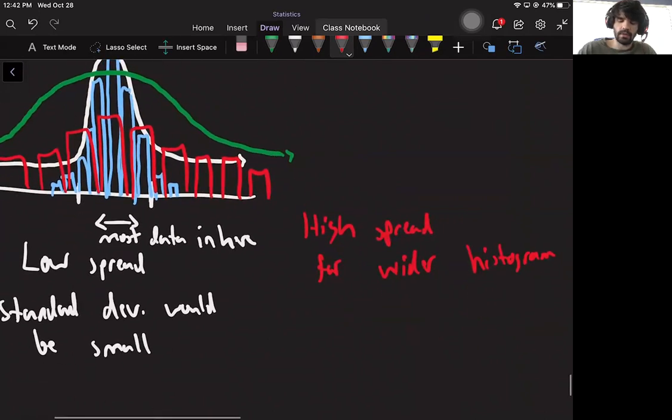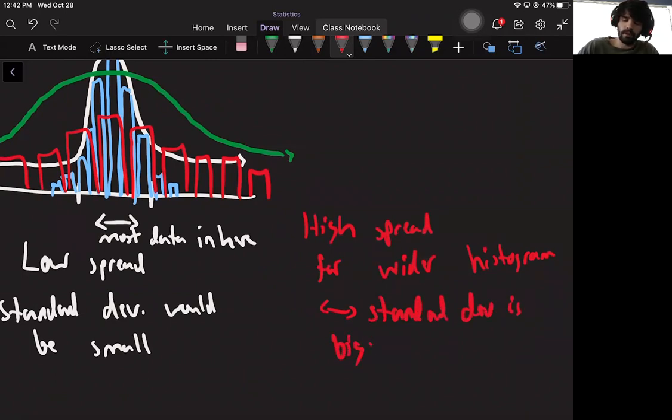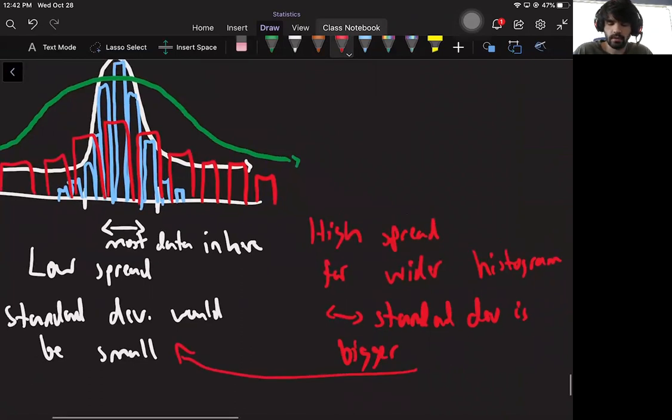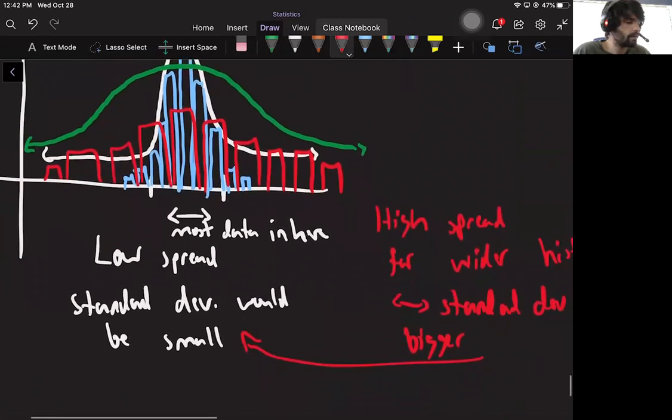So in such a situation, you would be able to tell that the standard deviation is big, or at least it would be bigger than this one because things are more spread out. Okay.